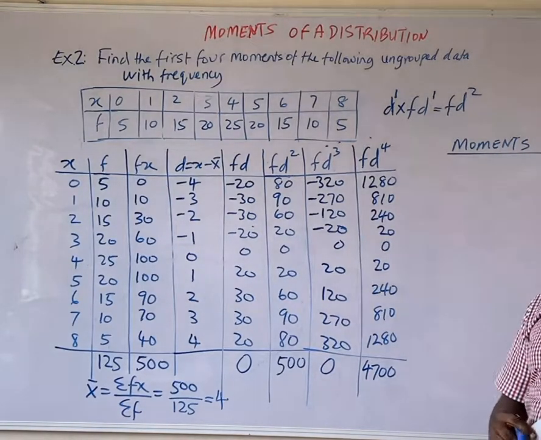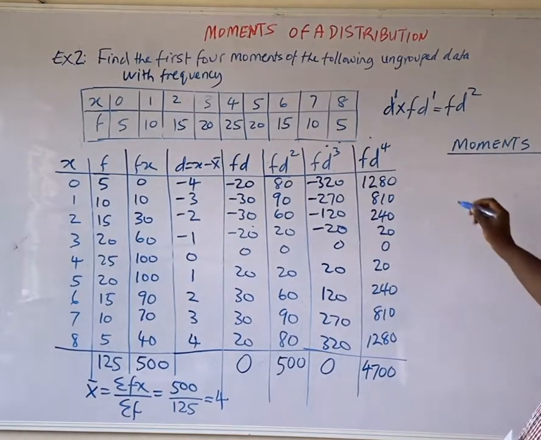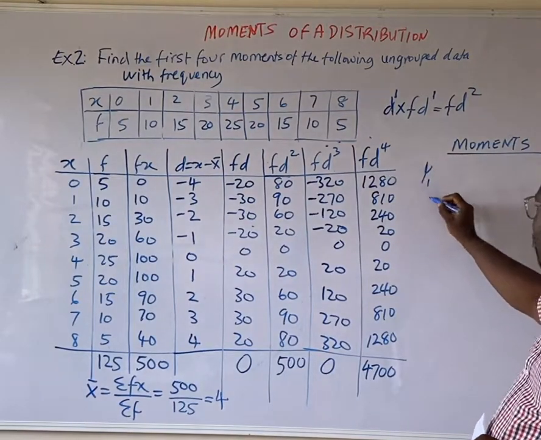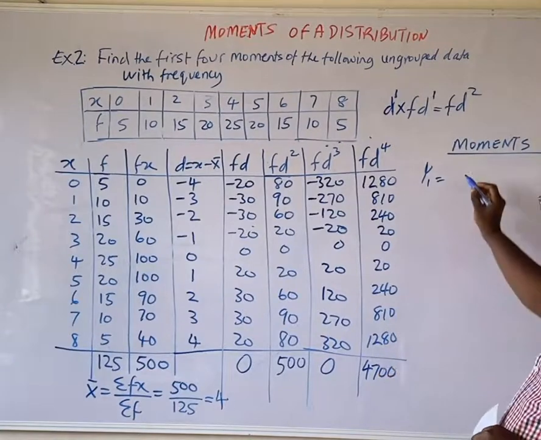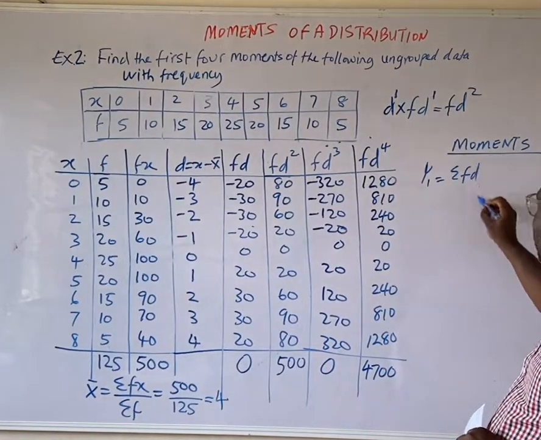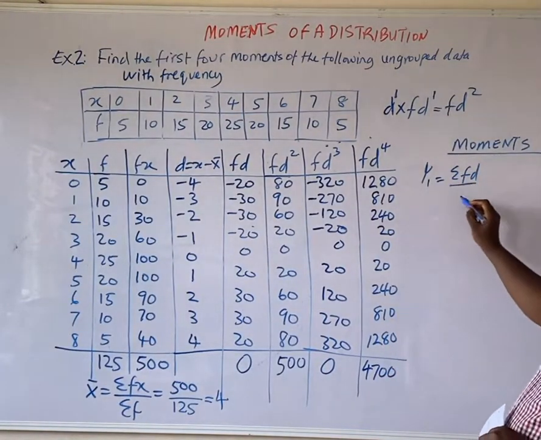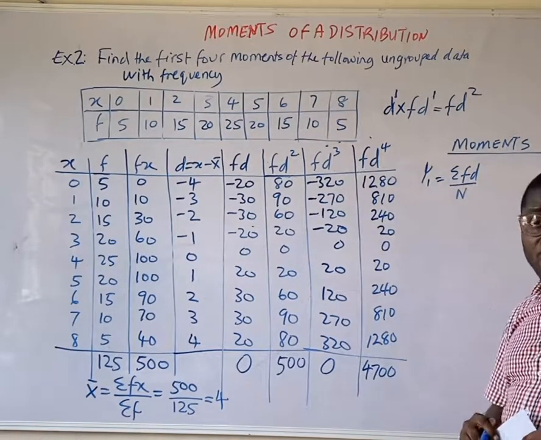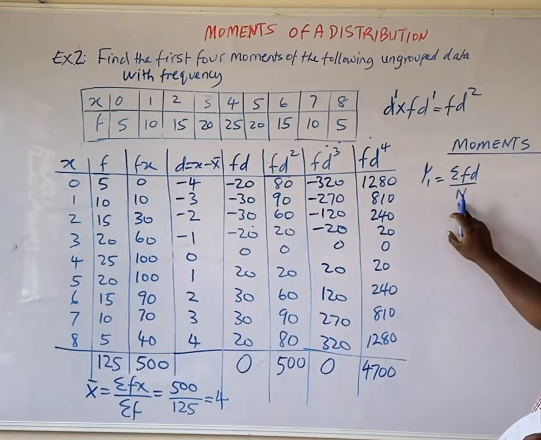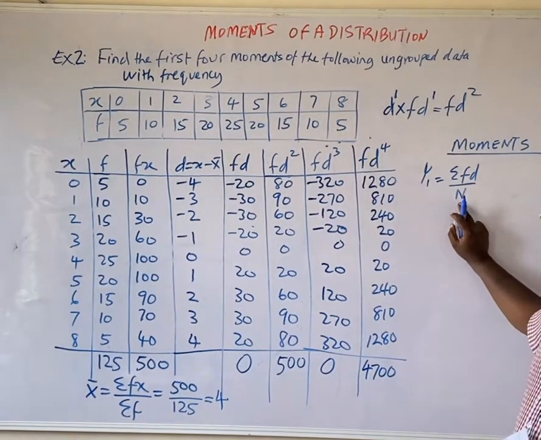We now need to calculate our moments. Our first moment is given as mu1. Now the formula is going to change a little. The formula will be summation Fd all over N. I am using this capital letter N because the sample size we have is more than 30.